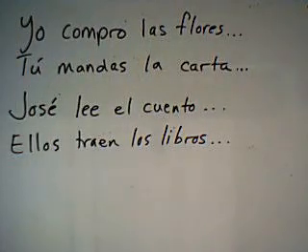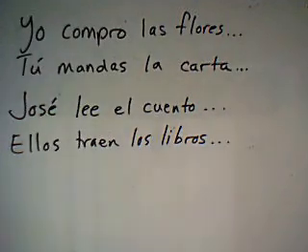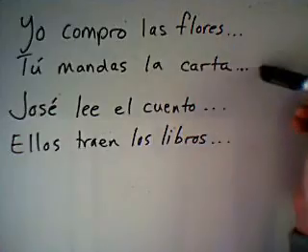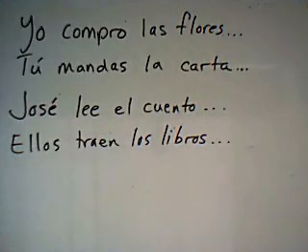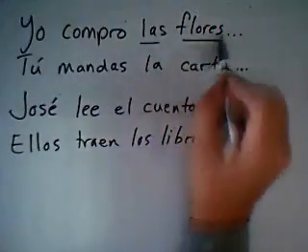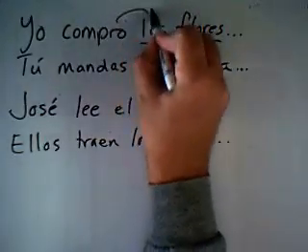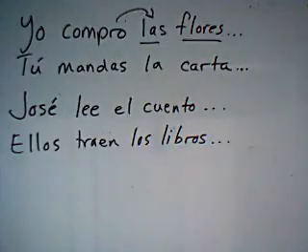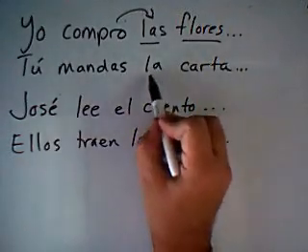Okay, I'm going to begin by reminding you what direct objects are, and I'm going to do that with these four sentences. In the first sentence, yo compro las flores. Las flores is the noun that directly receives the action of the main verb. In the second sentence, tú mandas la carta.